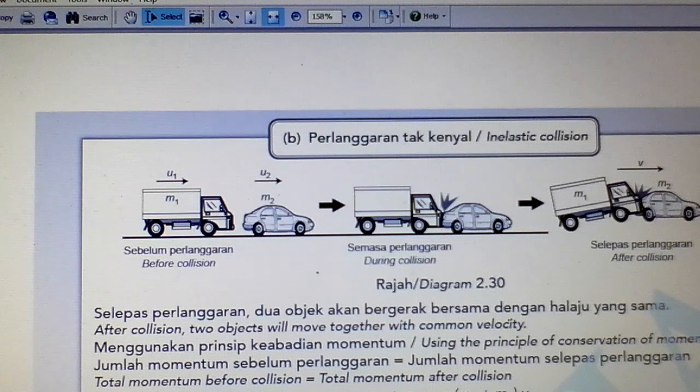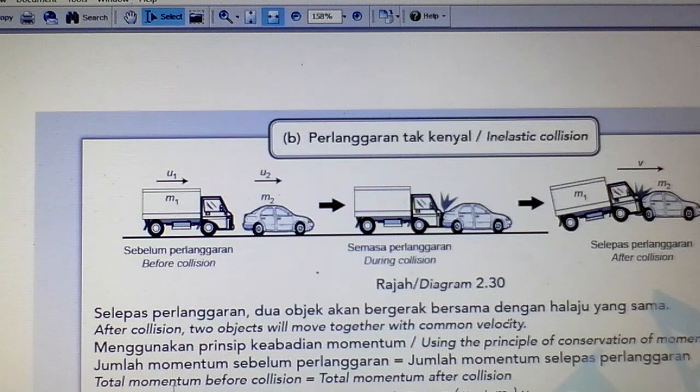After collision, the truck and the car move together with common velocity v, like stuck together. Okay, so they have one common velocity v. After collision, two objects will move together with common velocity. So for this type of collision, we can also apply the principle of conservation of momentum.